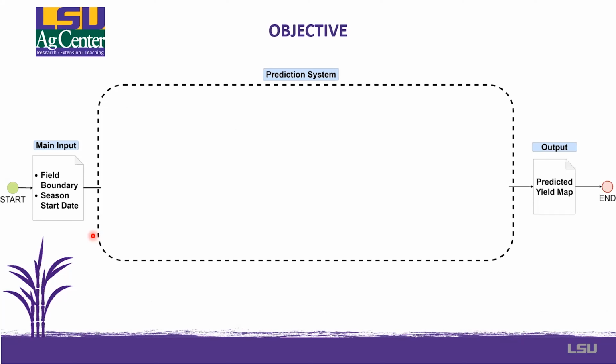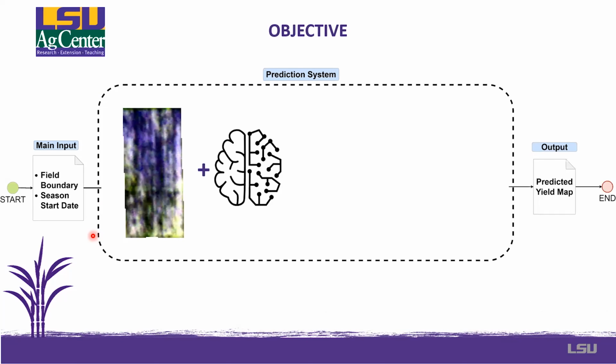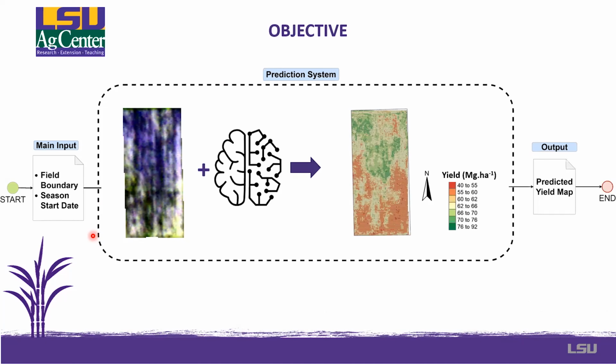Based on that information, we would collect all the imagery up to today's date and use that imagery in a machine learning system to predict the yield, and be able to provide that yield to farmers, consultants, or researchers even prior to the harvest. So before actually harvesting that field, being able to use that information for different types of management activities.